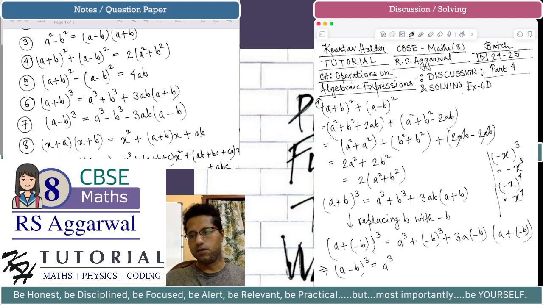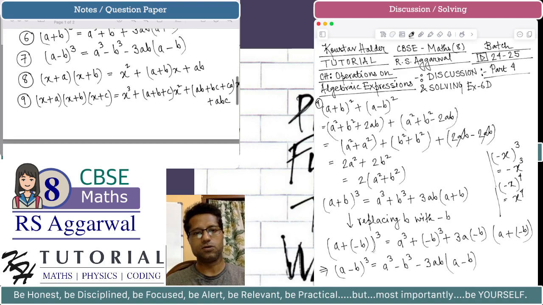So the cube of minus B will become a negative of B cube, and plus 3A into minus B becomes minus 3AB. This way you can arrive at the formula of A minus B whole cube using the formula of A plus B whole cube. You just need to replace B with minus B in the formula A plus B whole cube. Okay.